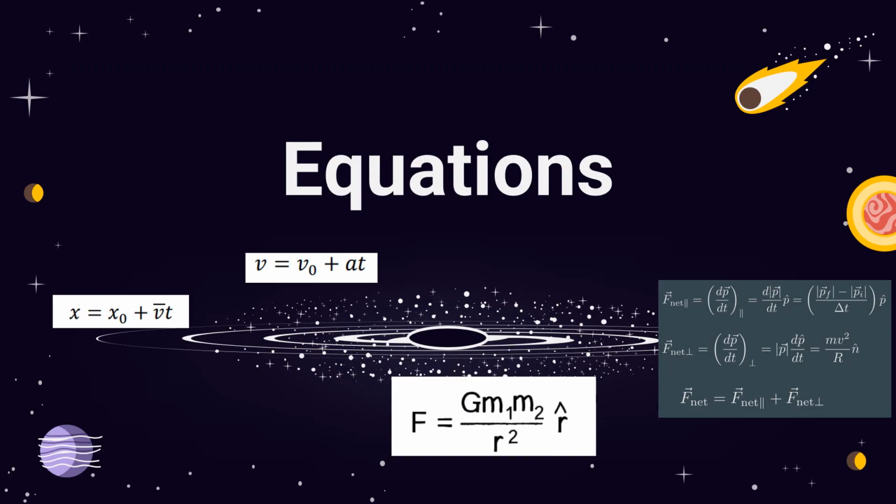The equations we will be adding into the computational models from left to right will be the position update formula, the velocity update formula, the gravitational formula for force, and the equations for parallel and perpendicular force, or rate of change of momentum.